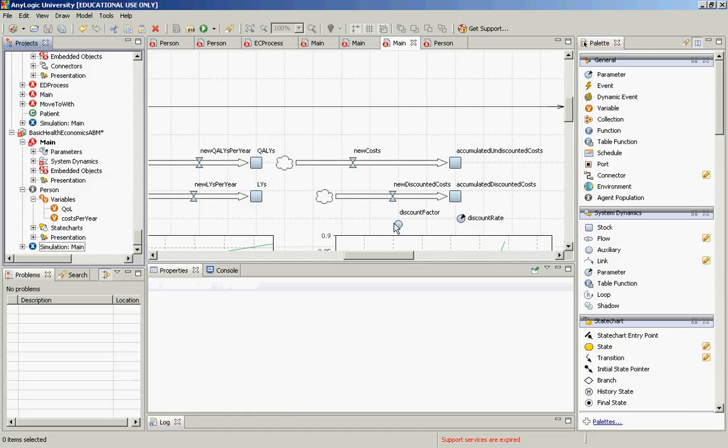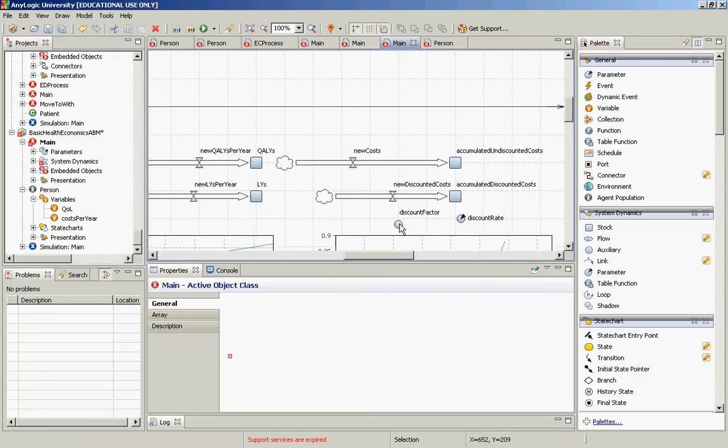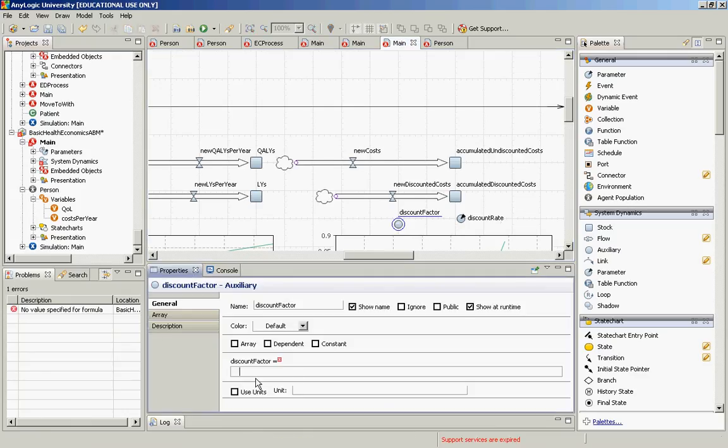And discount factor here is going to be e to the minus the discount rate, expressed on a per year basis, times the number of years since the simulation started, which we'll assume the time unit is years, and so we can just ask for the current time.